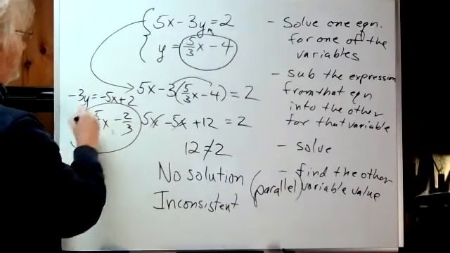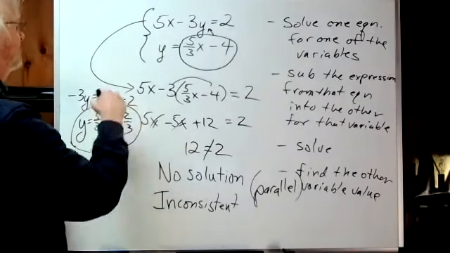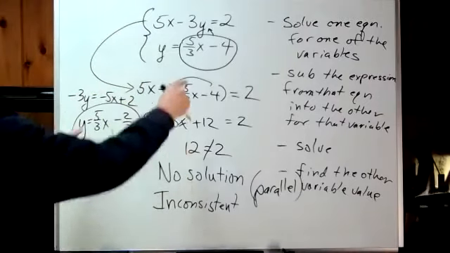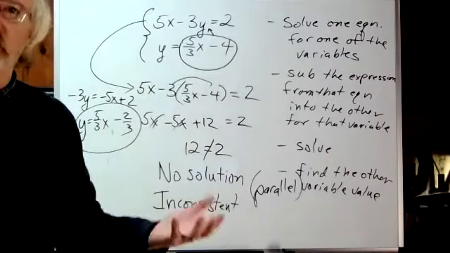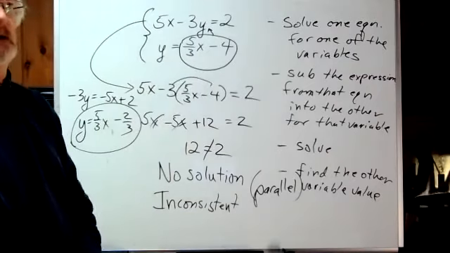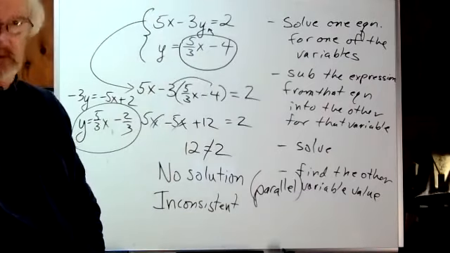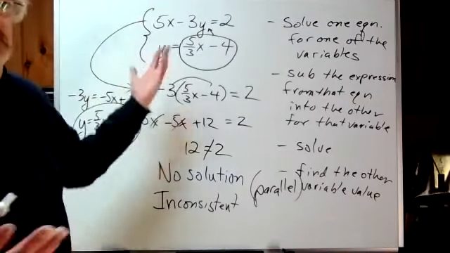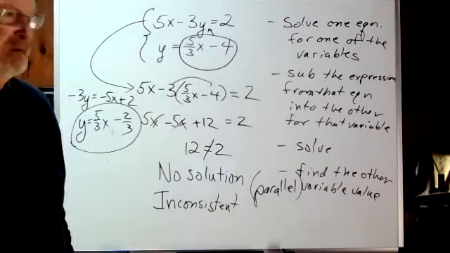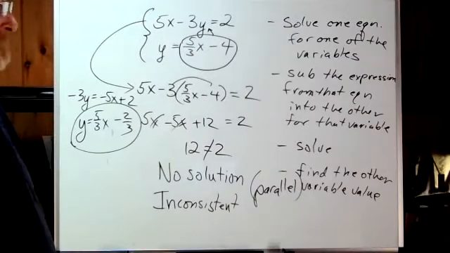So comparing this equation with that second one, I can see they have the same slopes, but different intercepts. So I could just look at the equations and say, oh, they're parallel. If it was actually the same equation, then it's the same equation. Infinite number of solutions, dependent.